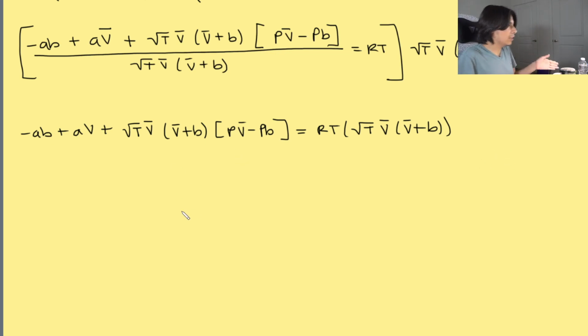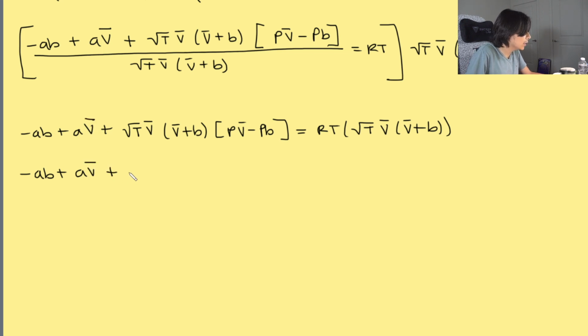So we're going to simplify the left-hand side and redistribute everything we have here. I'm just going to make sure that's what I did. And yes, so how about we start by distributing this first. So negative AB plus AV, oh, this should be V bar. Sorry about that.